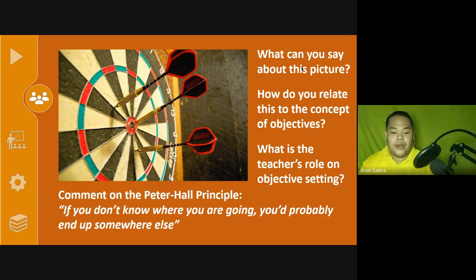Now remember, just like your objective is to hit the bullseye. You hit the center so that you will gain a better score. Now, if you will not be able to hit the center, you might be hitting mas layo kaysa sa center. You might be hitting nearer than the center.